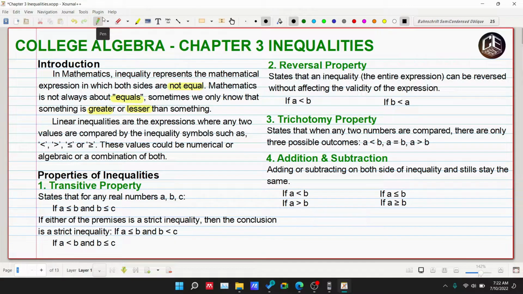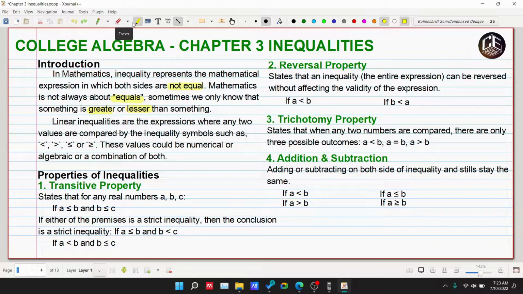Okay? For example, hindi naman tayo sure sa exact value ng mga bagay-bagay and yung mga value na yun nagkataon na hindi equal. Okay? So, ibig sabihin, magkakataon na yung isang bagay is mas malaki or maliit dun sa isa pang bagay.